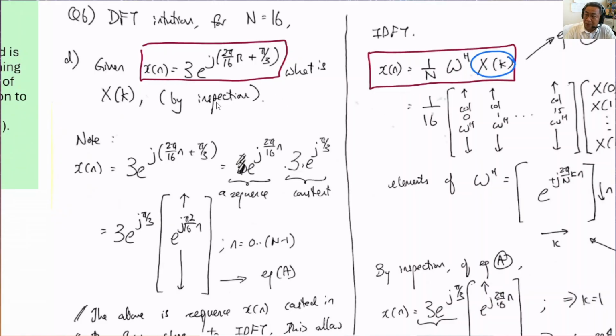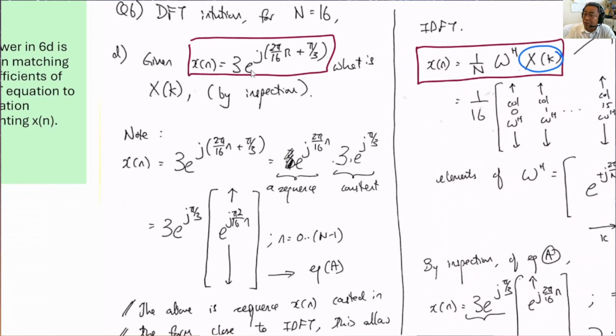So what should we do? Well, let's open up this equation xn first. So we have 3e^(j(2π/16 n + π/3)). So this is the equation. We can write it as a sequence multiplied by a constant.